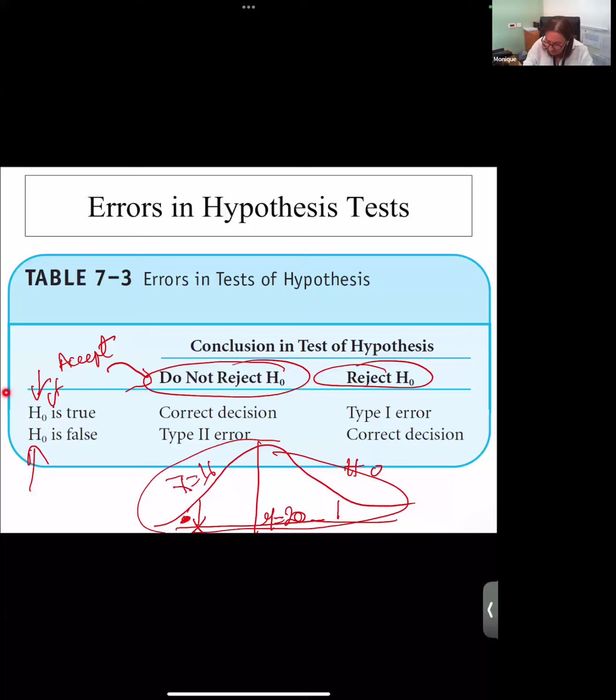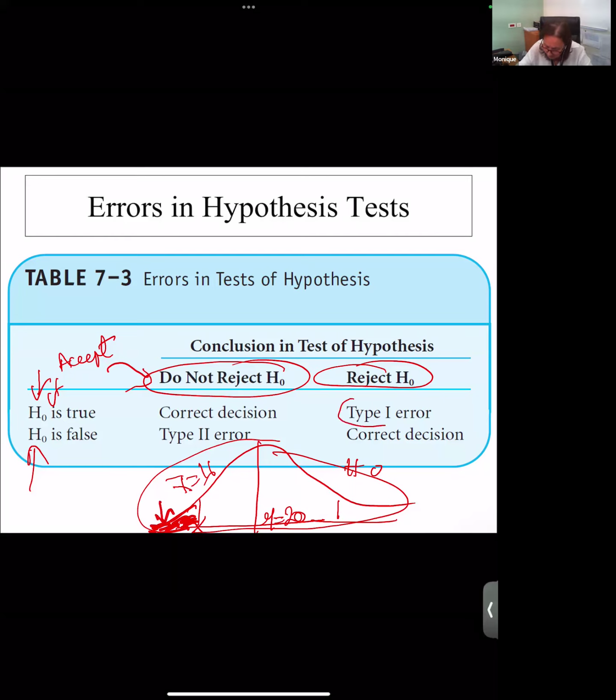Is that a correct decision? Not quite, because you still are under H0, right? You're still here. You're not yet in another distribution. But you allow yourself that probability of being in error that we call type 1. So when you reject H0 while it is actually true, the probability should be low.